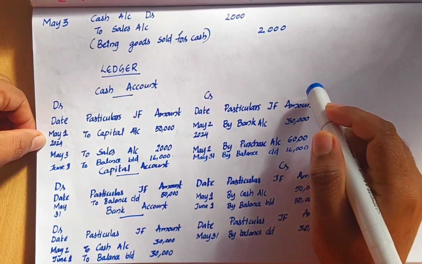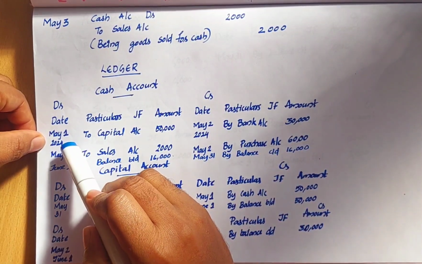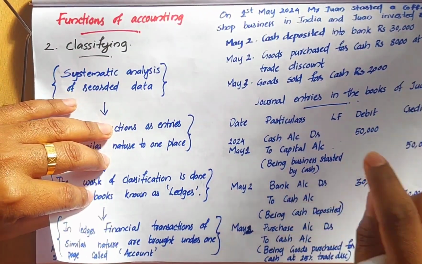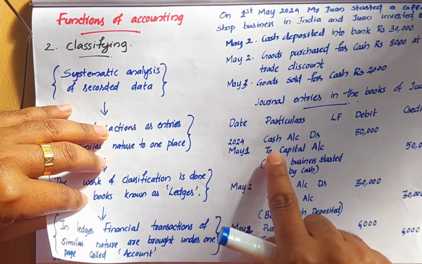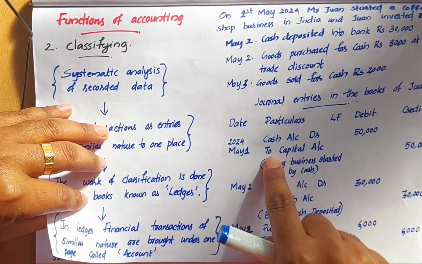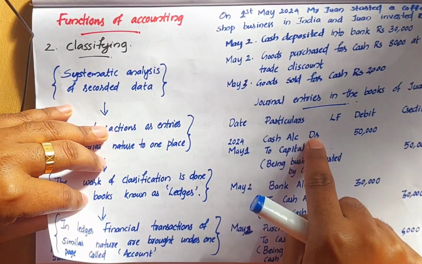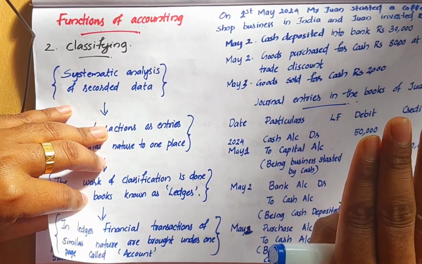Okay. On May 1st, one cash related transaction is there. What is the cash related transaction on May 1st? Cash account debited to capital account 50,000. So cash here we are debiting. Okay, this rule is very important.